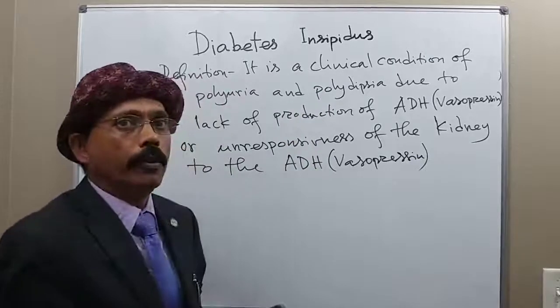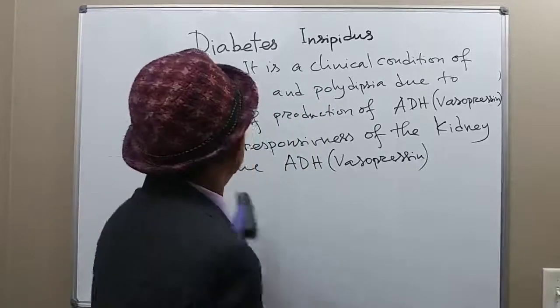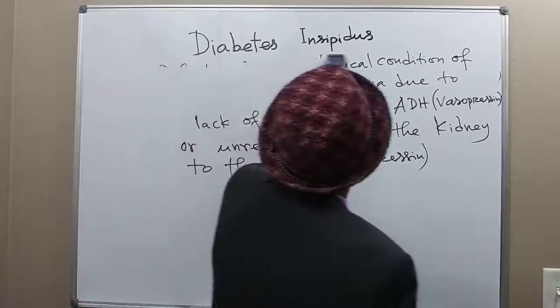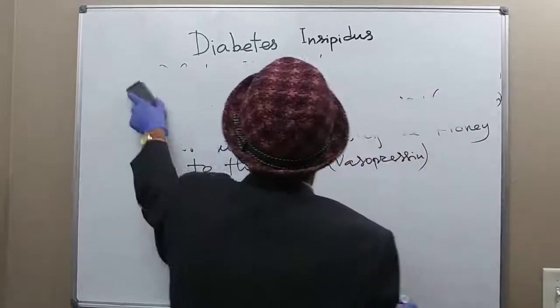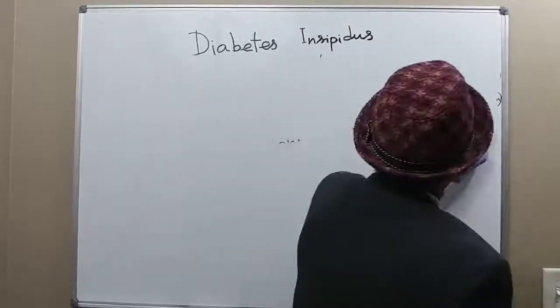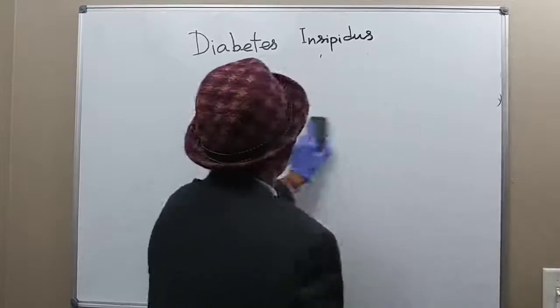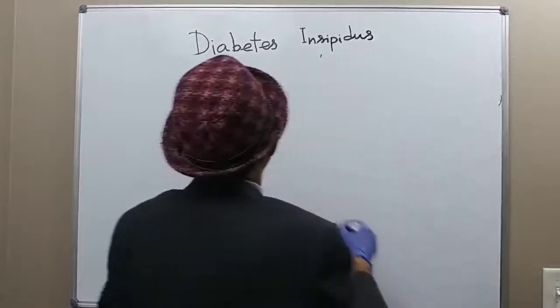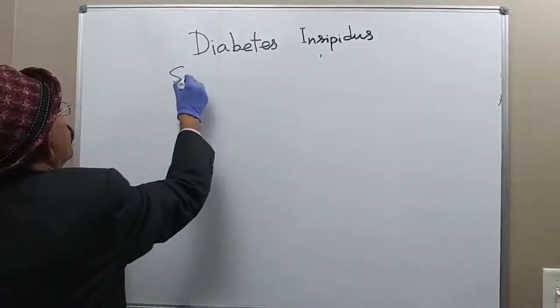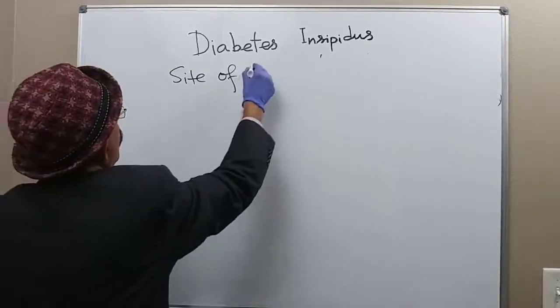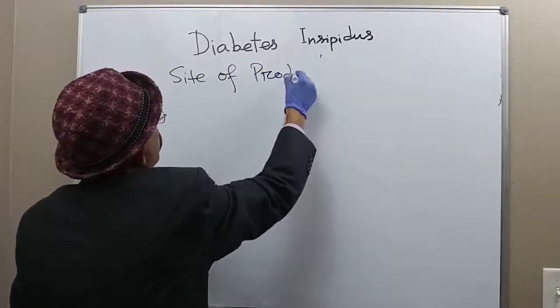Okay, we got the definition. Then we have to know the site of production of antidiuretic hormone.